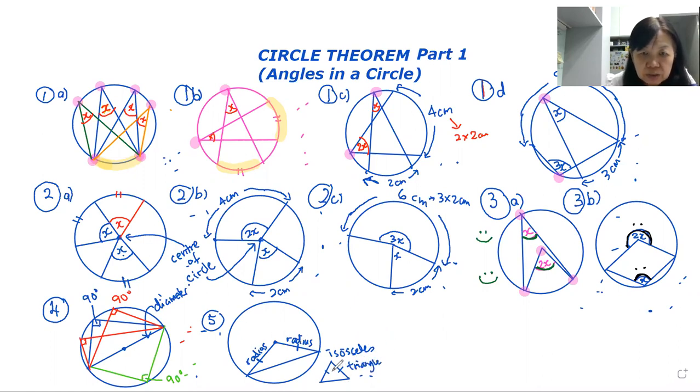When you have an isosceles triangle, what do you know? This angle here, let's say this is x. The other angle is also x, because these two angles are the same.